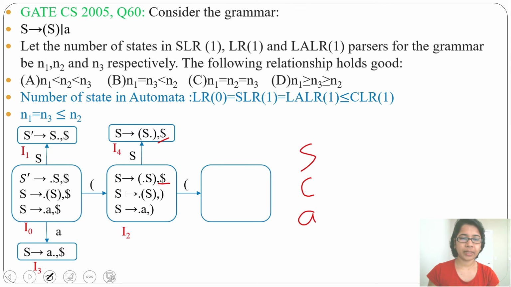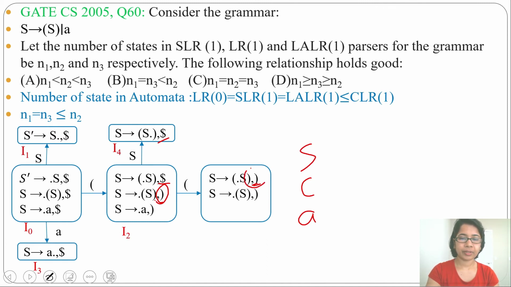LR1 item will be S derive start bracket dot S end bracket and look ahead will be end bracket. Next there is a dot before S, so we'll add the S production S derive dot start bracket S end bracket and look ahead will be end bracket.